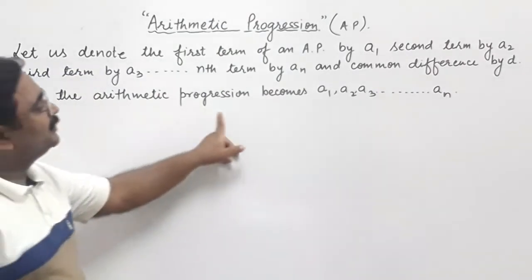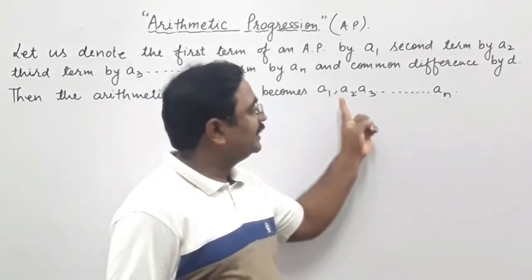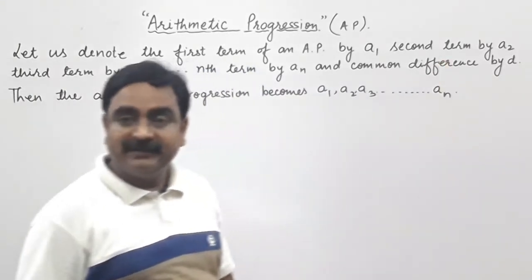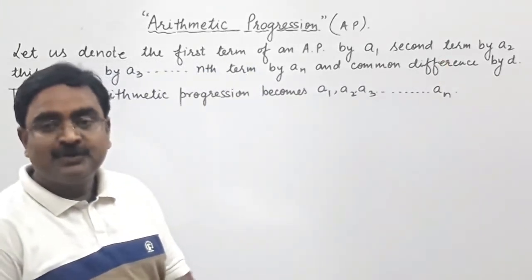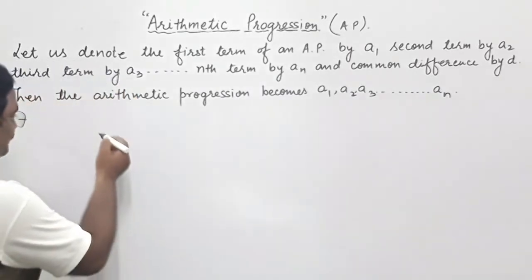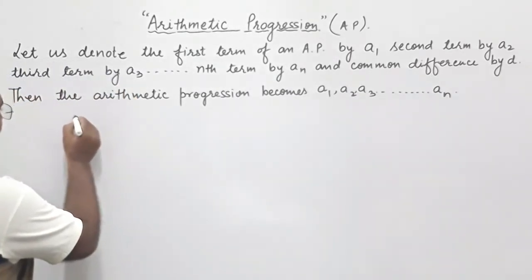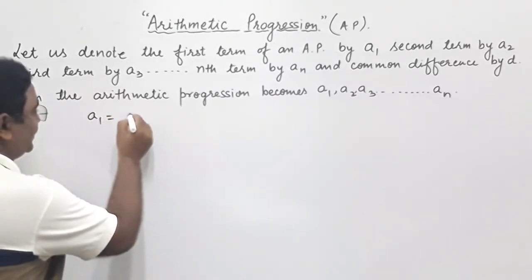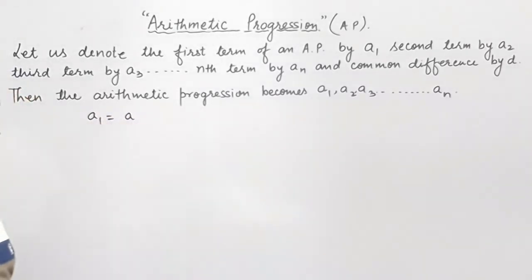Then our arithmetic progression becomes A1, A2, A3, etc., up to An. Right? So here A1 is the first term, which can be written as, suppose the first term is a.